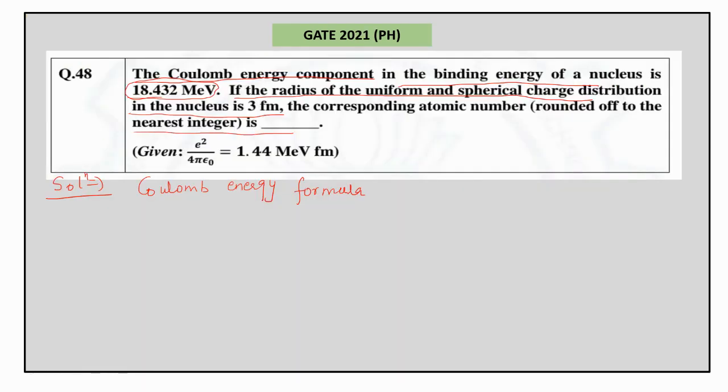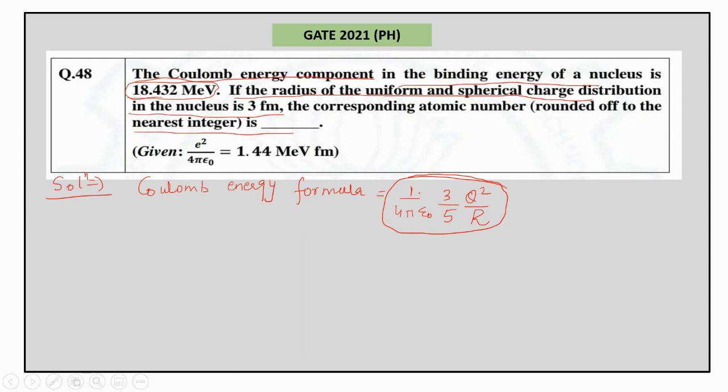First of all, we should know the Coulomb energy formula. So, what is the Coulomb energy formula for nuclei? The formula is 1 upon 4 pi epsilon naught, 3 by 5, q square by r. I think this is the derivation in the electromagnetic course also.